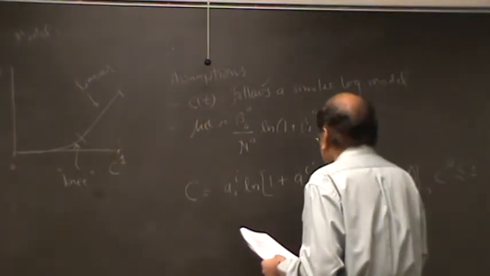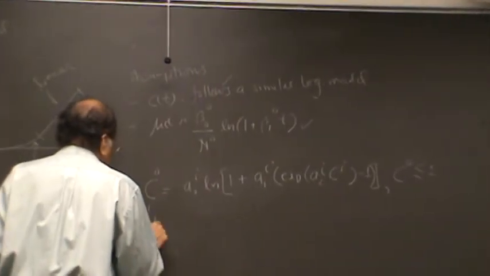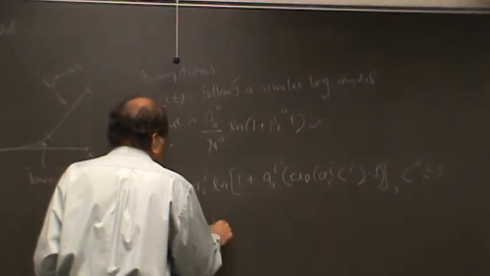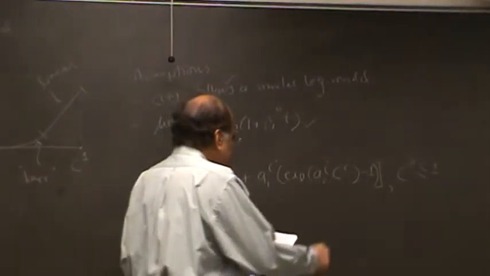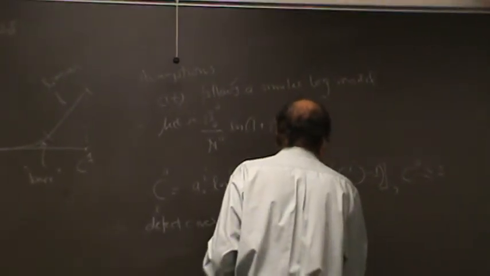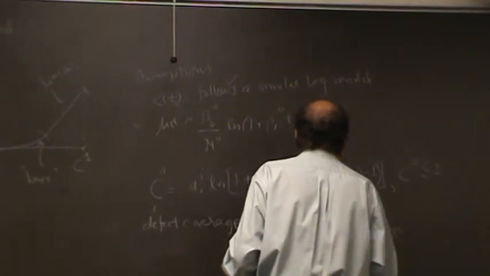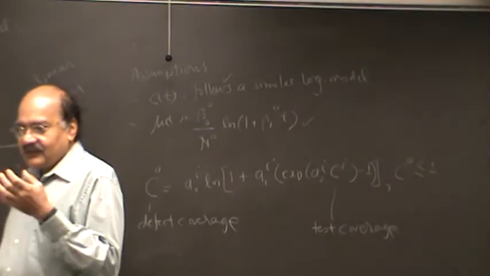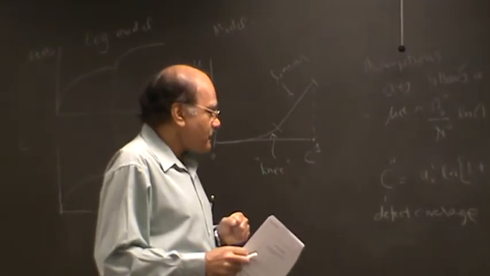And of course it is true only, so this is the defect coverage. This is the defect coverage, and here is some test coverage measure. So your C sub I could be branch coverage, it could be statement coverage, it could be whatever kind of coverage measure.